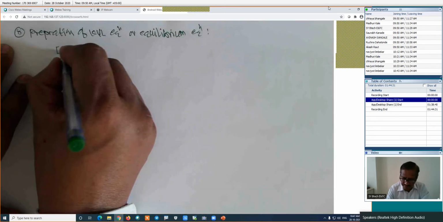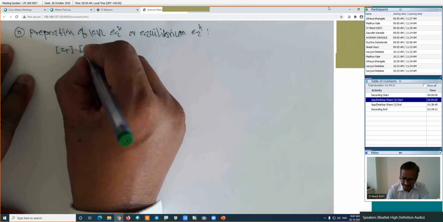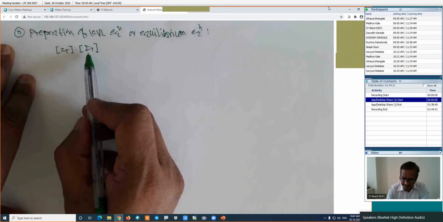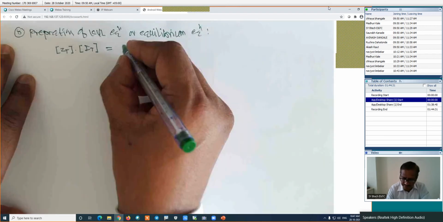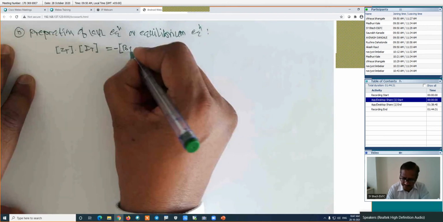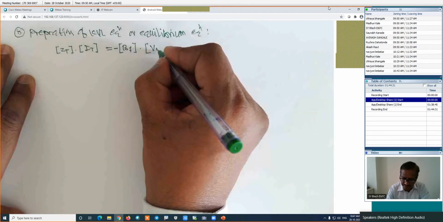What is ZT? This is the Triset impedance matrix. IT is the Triset current matrix, which is equal to -BF into VS. Is it right?